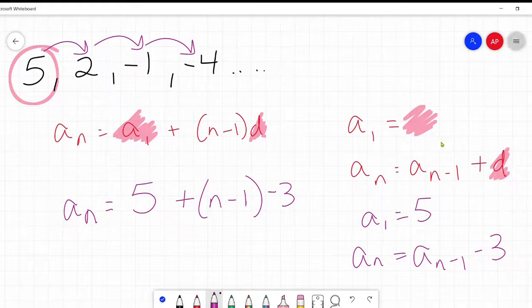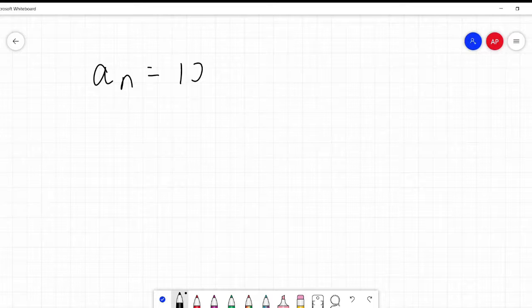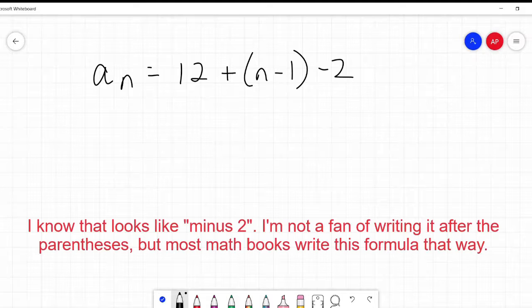Going the other way, what if they give you this formula and they say a sub n equals 12 plus n minus 1 times negative 2, and they want you to write the first 5 terms.